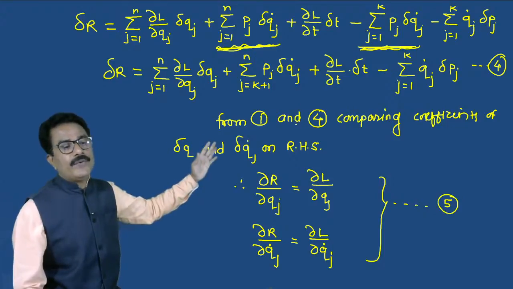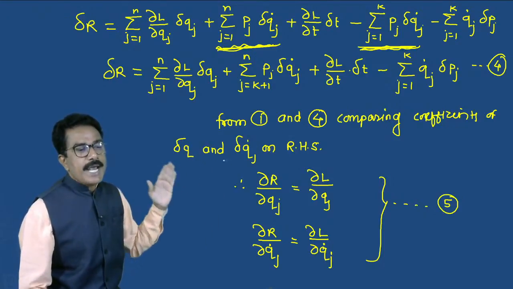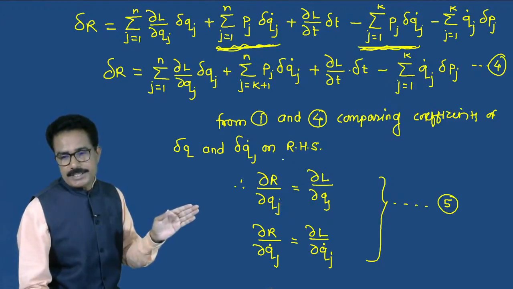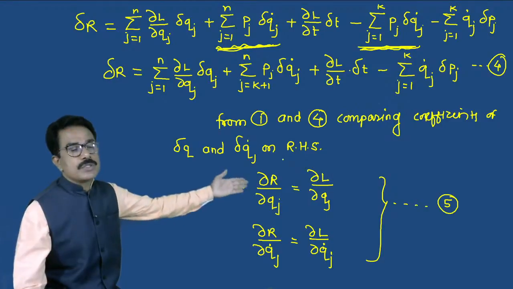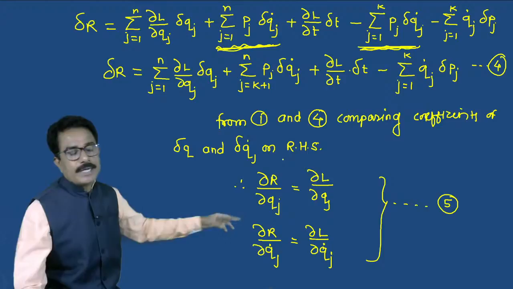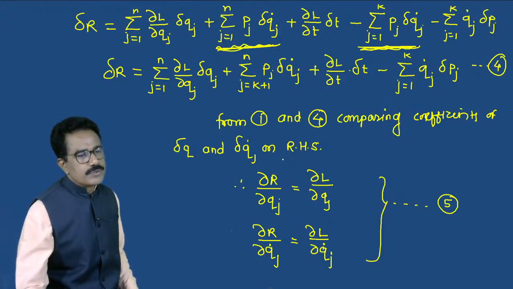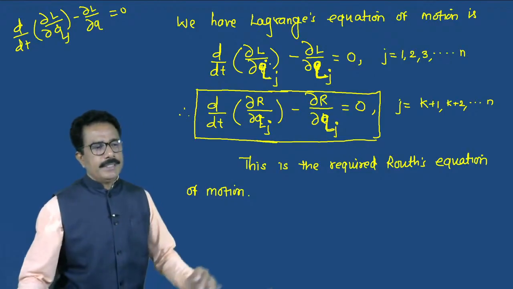From 1 and 4, comparing the coefficients of Qj and Qj dot on RHS, we get ∂R̄/∂Qj means ∂L/∂Qj, and ∂R̄/∂Qj dot means ∂L/∂Qj dot.